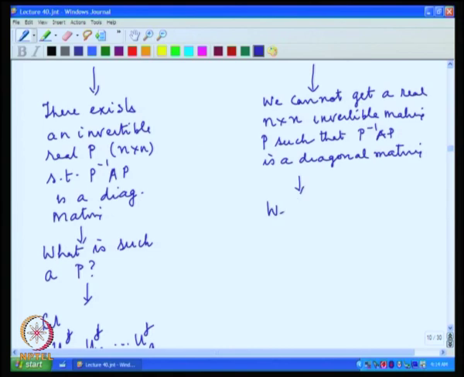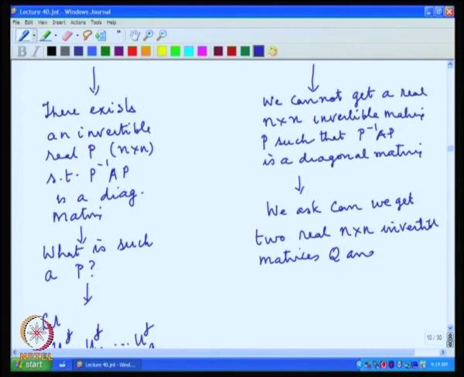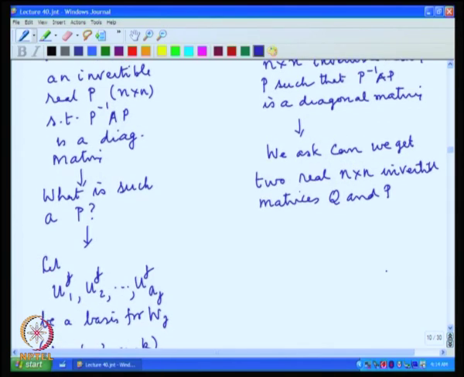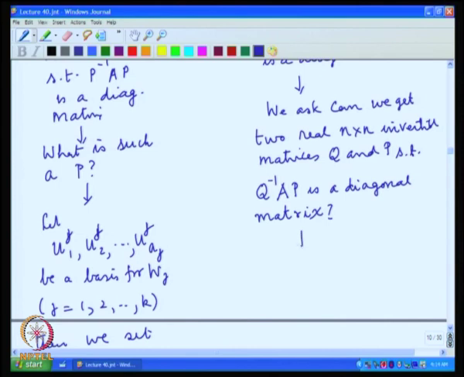We asked, can we get two real n by n invertible matrices Q and P, where Q will be used to transform the variable b and P will be used to transform the variable x, such that Q inverse A P is a diagonal matrix? And the answer we got was yes.